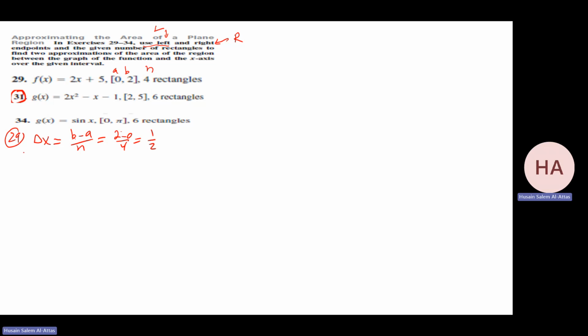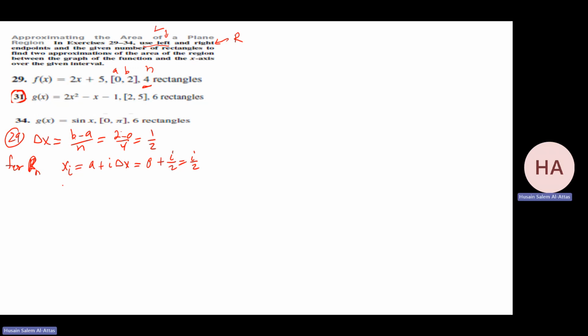For L4, let's say we use 4 rectangles. Let me start with the R. For Rn, xi will be A plus i delta x, which is 0 plus i over 2, which is i over 2.